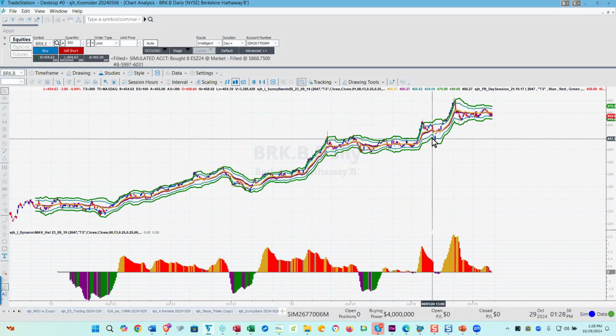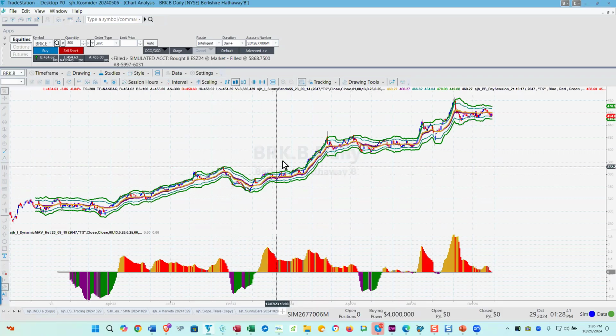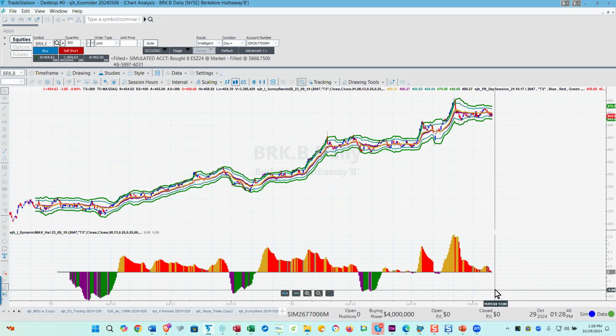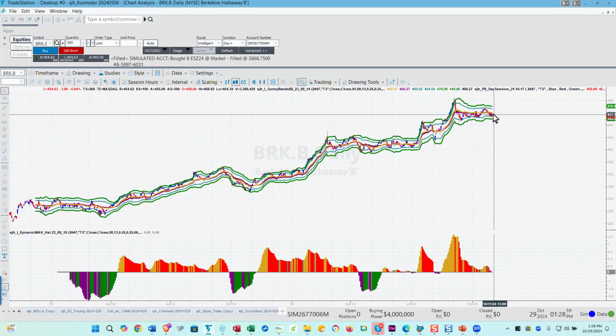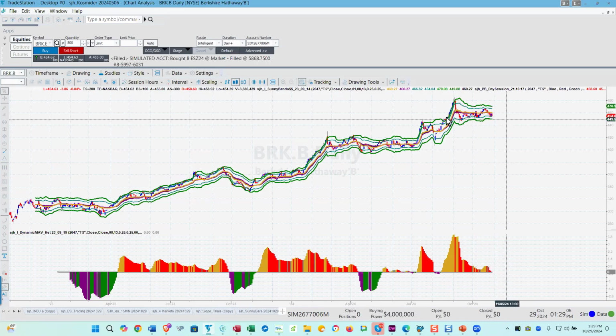So here's a little bit of a loss and here's a loss. But basically this thing just trends on up. So I'm looking for something to tell me either this is going to go below zero and go down a bit, which could be blamed on the election. We'll see what happens next Tuesday. And if the election is in his favor, it could go on up to the upper outer band, which is at 470.